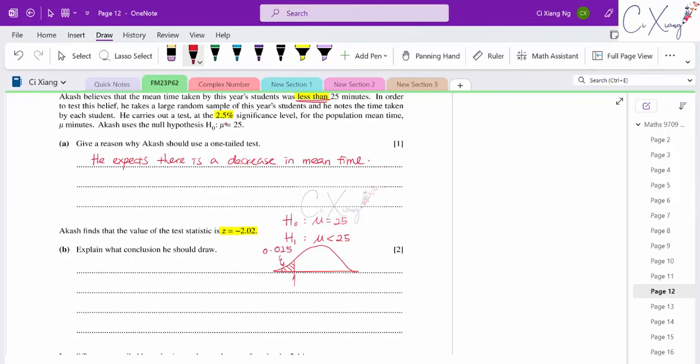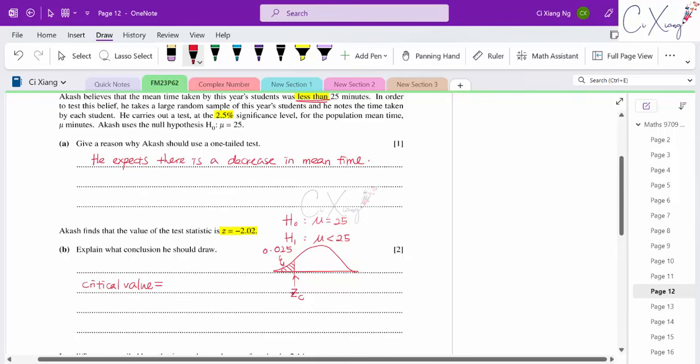Okay, I want to know my critical value. So this is my critical value here. Critical value is actually this value of z. So to get the value of z for this part, you should refer to 0.025, which is the area of the graph. But in our normal distribution table, they didn't show us the probability 0.025. We have to find the larger value here, which is 0.975.